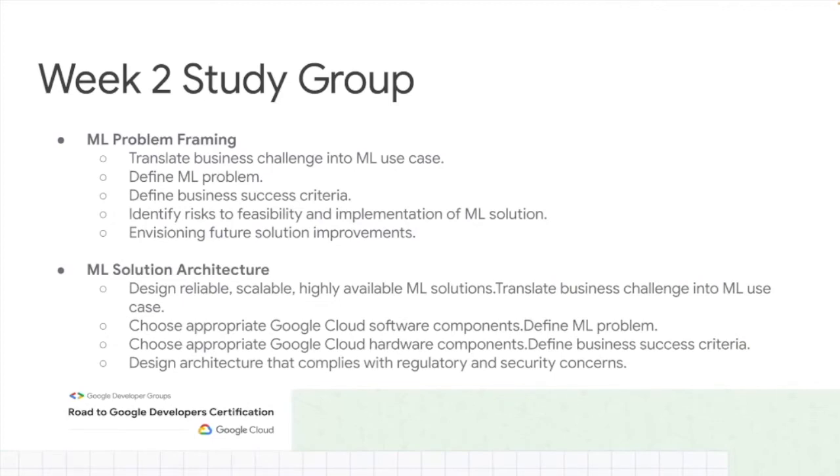And as well, look at the solution architecture, how to design something reliable, scalable, highly available, and translate the business challenge into the machine learning use case, and how to use Google Cloud software components to do that, and to define both the machine learning problem and the success criteria, as well as see how to do that in a way that it is compliant and secure. That is a lot.